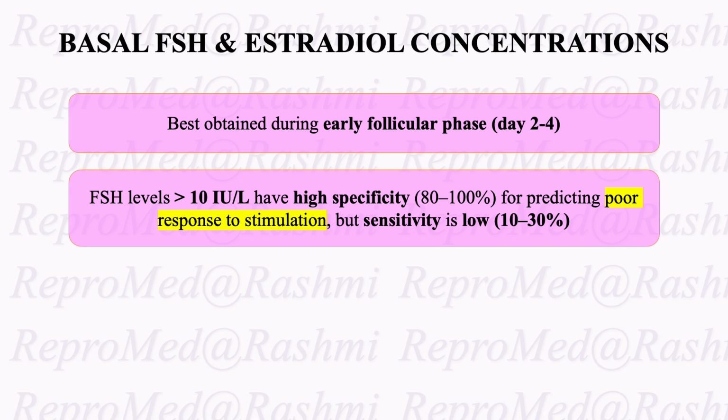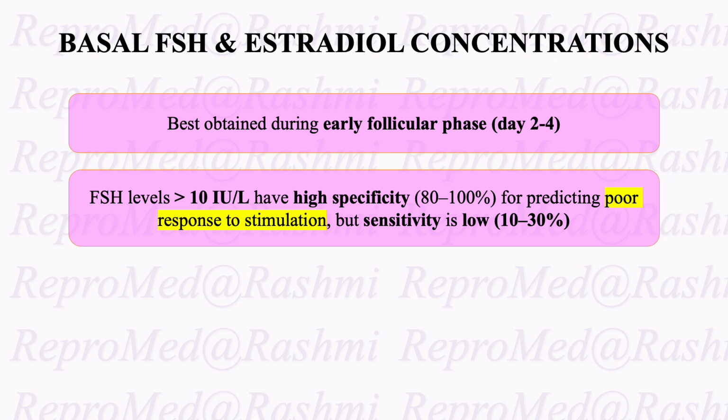FSH levels more than 10 international units per liter have high specificity for predicting the poor response to stimulation, but sensitivity is low, that is 10 to 30%. Why does high FSH show poor response to stimulation?